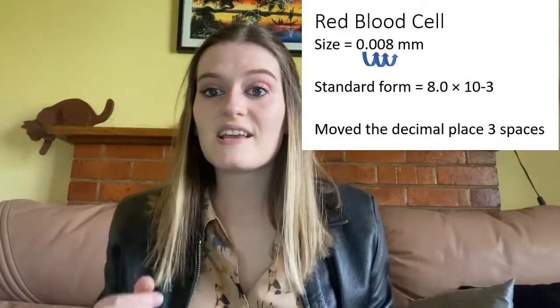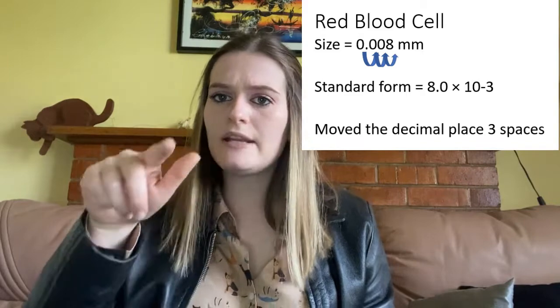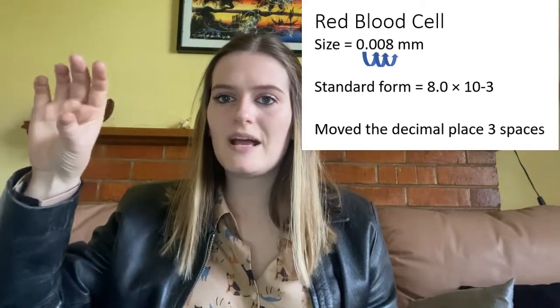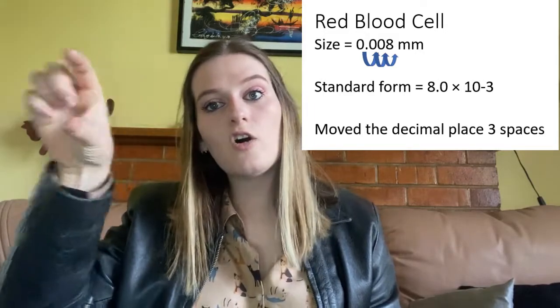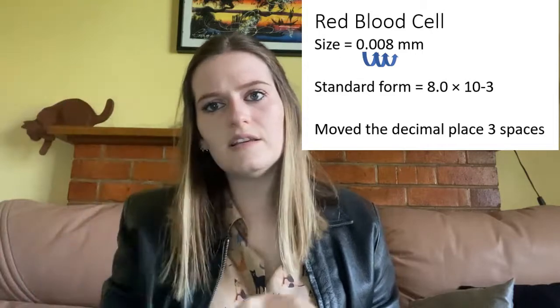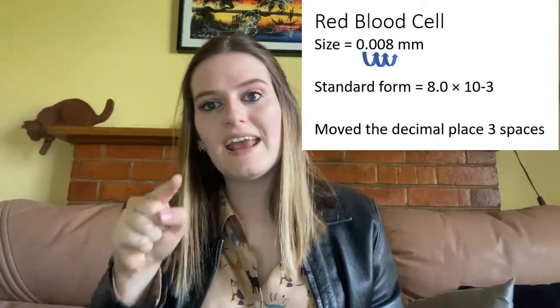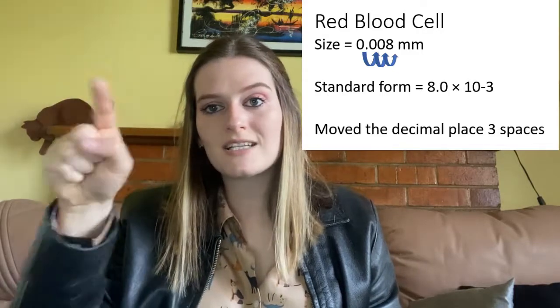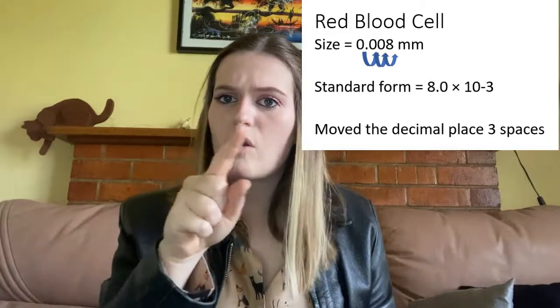We ask how many decimal places we need to move our point to make it so our whole number, that 8 or that 1, is at the front. However many places we need to move it is however many we put in our 10 to the minus. We do minus because we're going backwards. If we were going forward, we'd put plus. But we're not going forward, we're going backwards. So that's how that works.